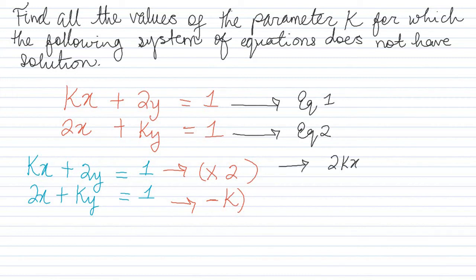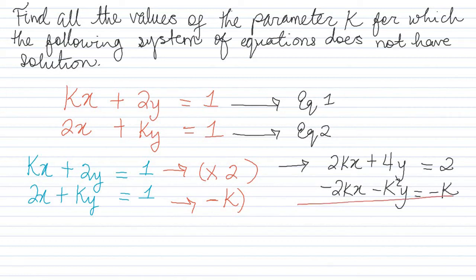When we do that, what we end up with is 2kx plus 4y equals 2, and negative 2kx minus k squared y equals negative k, right? So when you add them up, you end up having 2kx plus negative 2kx, which is the same thing as 0, right?